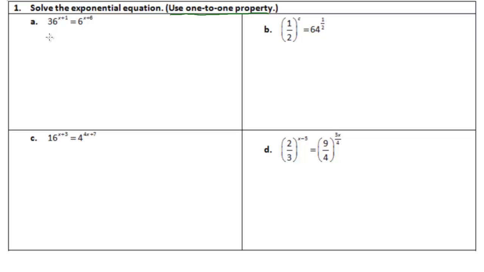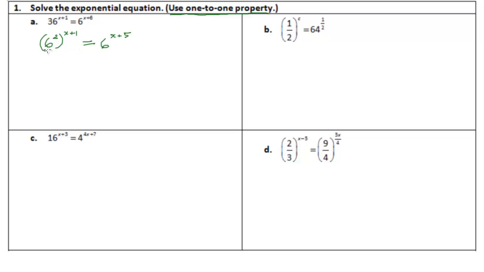So on this first problem, 36 and 6, a bit of thought: 6 is 6 to the first, 36 is 6 squared. So we rewrite 36 as 6 squared, and that's still to the x plus 1 power. Now on the right hand side, we have a base of 6, which is what we want, a common base, to the x plus 5.